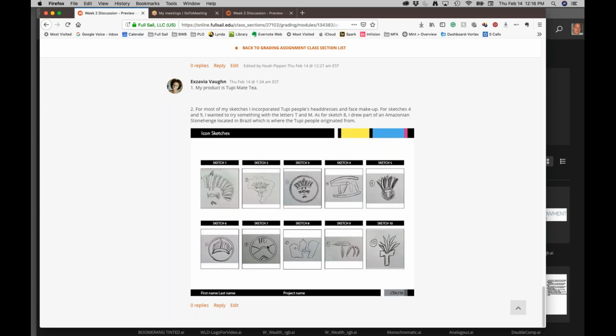I can't quite tell what is going on in number 7, but it looks interesting. I don't like the T here, but I like this feather configuration. So you've got it in several places. Maybe if there's something other than just a letter T, something else down here, I don't know what that would be. What are the animals that live there? Is there an animal character that you could use as well as another idea? Think about that.